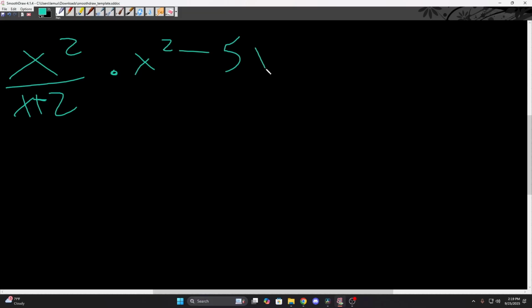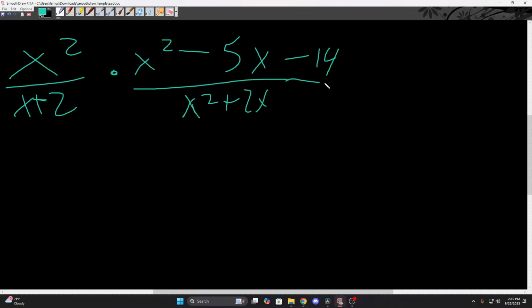So times x squared, well, x squared plus 2x. Here, the same thing you do is just you factor it out. You can leave it as x squared if you like, but it depends on the question.